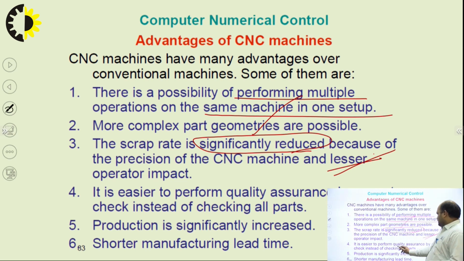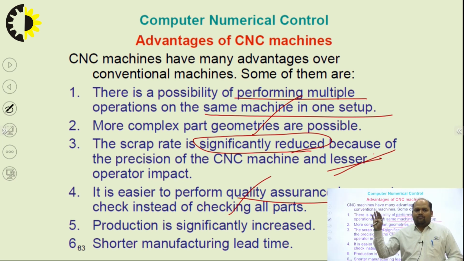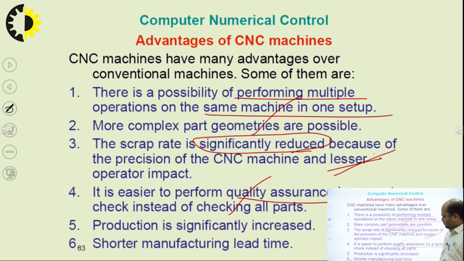Also, it is easier to perform quality assurance by a spot check instead of checking all parts, so we need not perform quality inspection on every component. We can select some parts from the lot, and accordingly use them for quality control over all the parts.